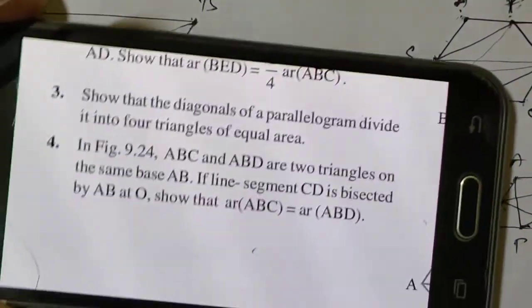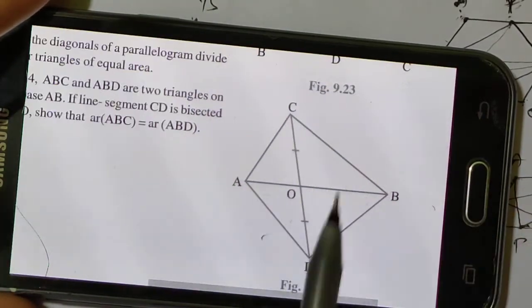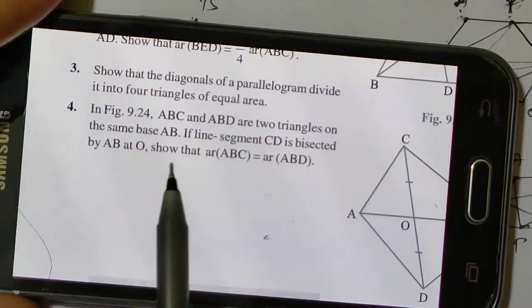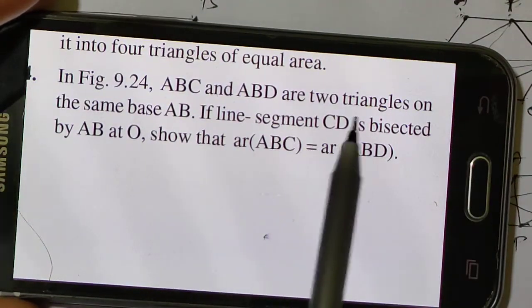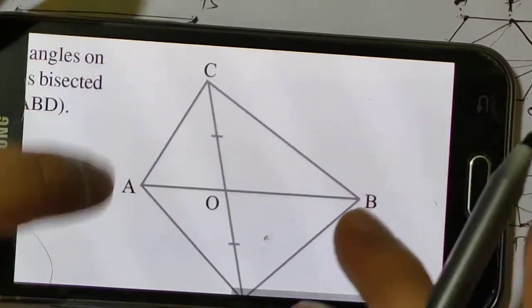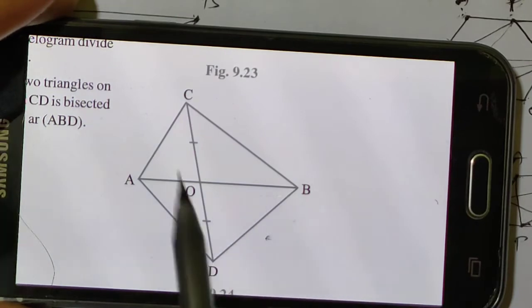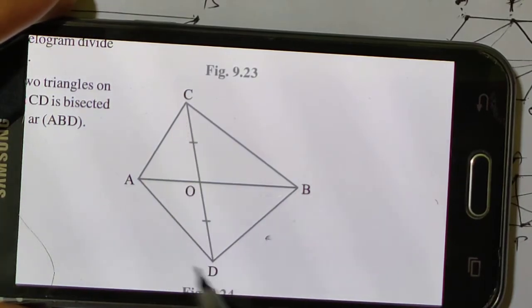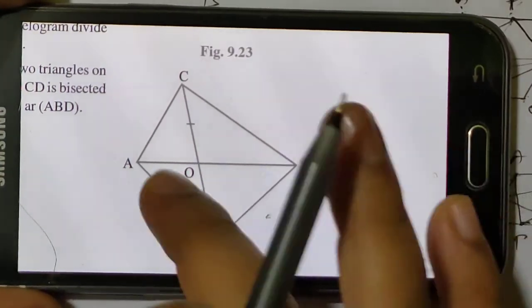So what the question is saying, in figure 9.24, the figure is given here. ABC and ABD are two triangles on the same base AB. All of you can see ABC and ABD are two triangles on the same base AB. So this much we have understood.